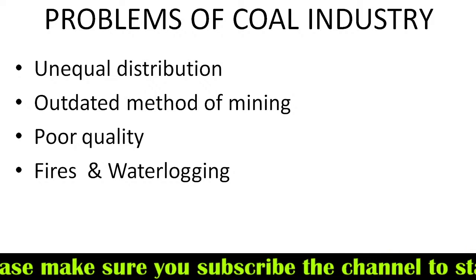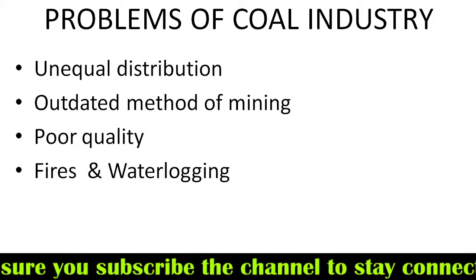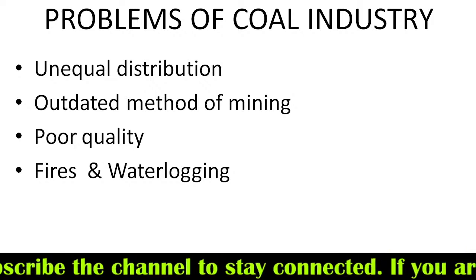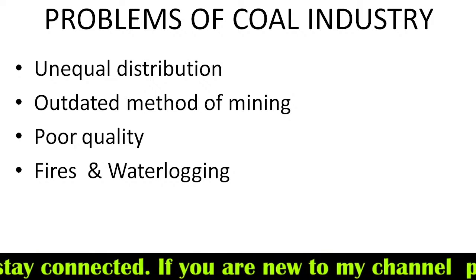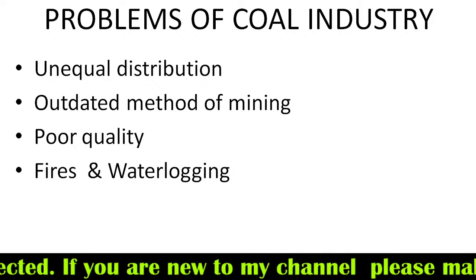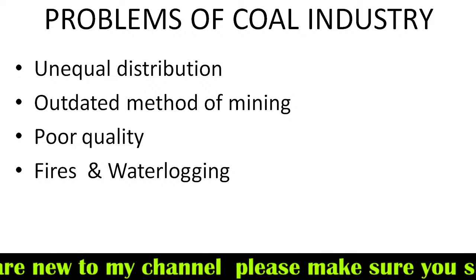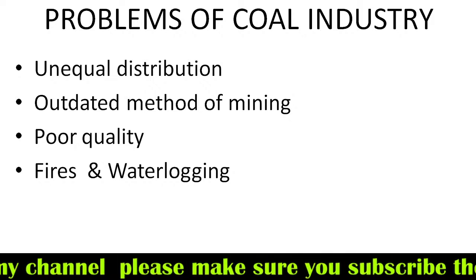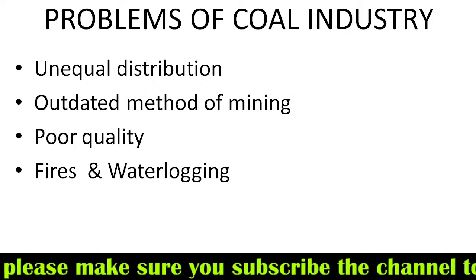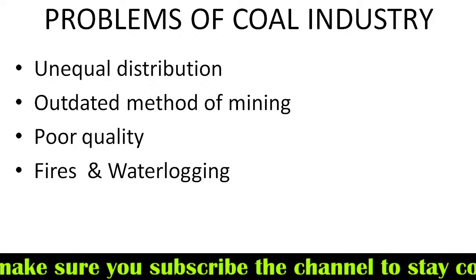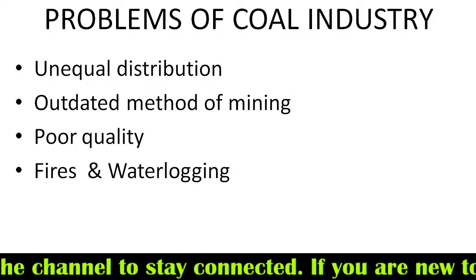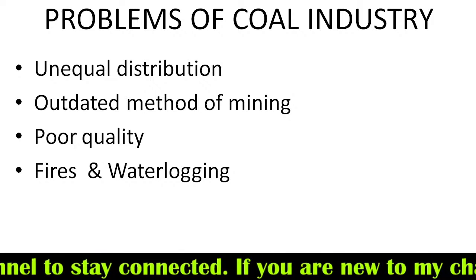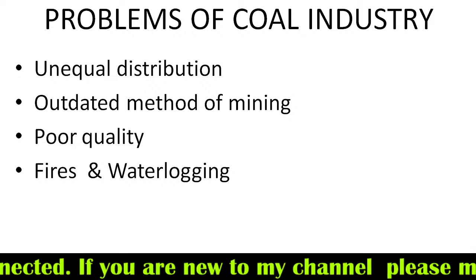Number two is in coal mining, the methods of mining are not up to date. We are still using outdated methods of mining. So that's why even though we have enough reserves, we are not able to extract properly and safely. Number three, the poor quality.